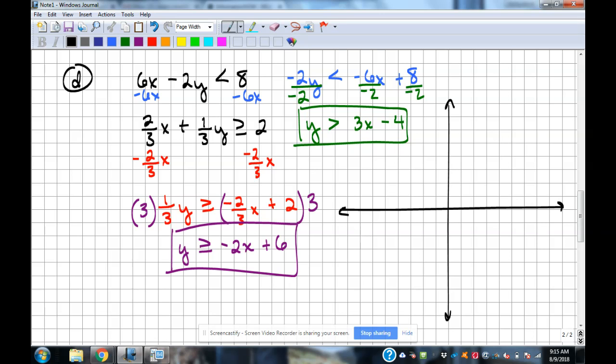All right. First one, green one. Where are we starting? -4, up 3 over 1. Dotted or solid? If I test the origin, is 0 greater than -4? Yeah, so I'm going to shade left side of that line.